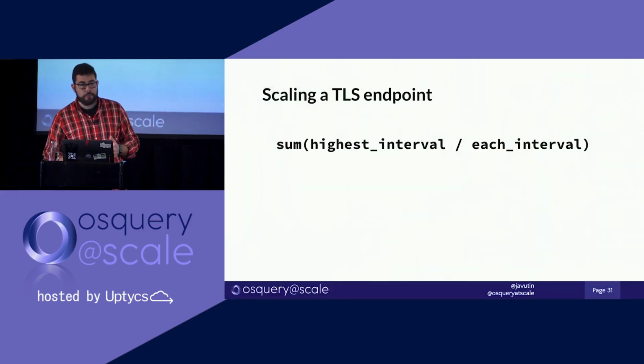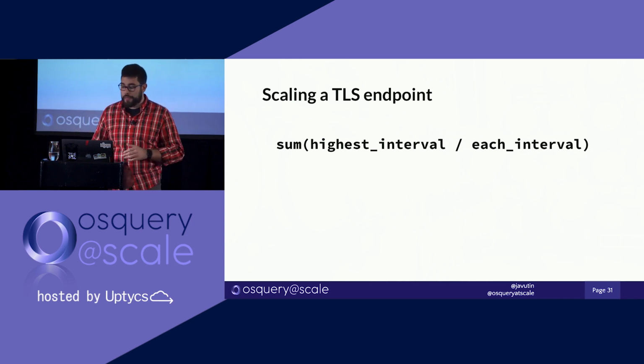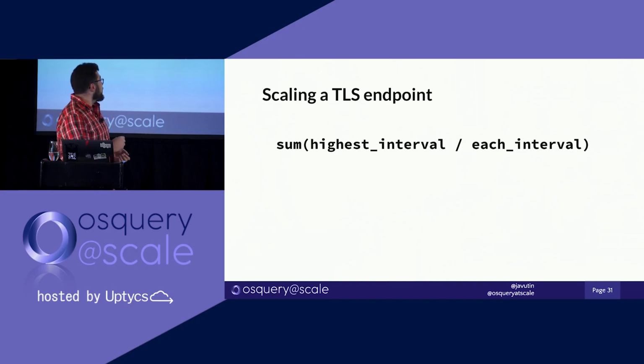This is an estimation, and there are some caveats that I'm going to go through in a minute. Basically, you take the highest interval, divide it by each of the intervals, and sum all those values.